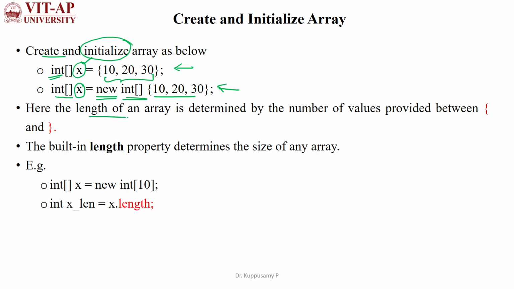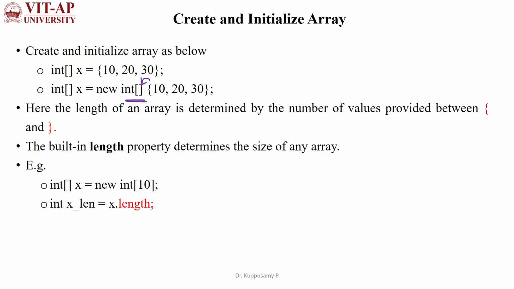Here the length of an array is determined by the number of values provided between the open curly braces and closed curly braces. The length of the array is not given here.